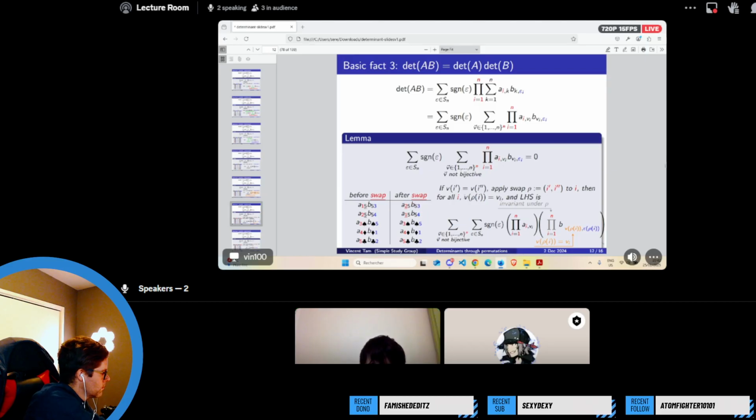So that's why I have v(rho(i)) equals v(i) for all i. So by doing so, I sneak in a permutation rho here, and this rho is invariant under the product.